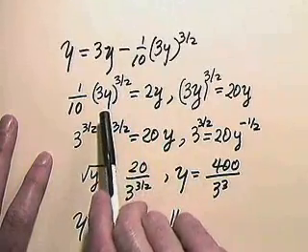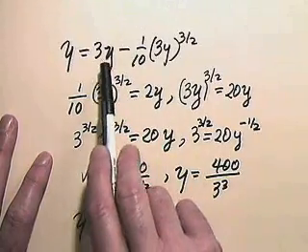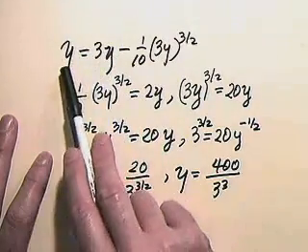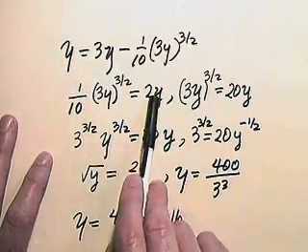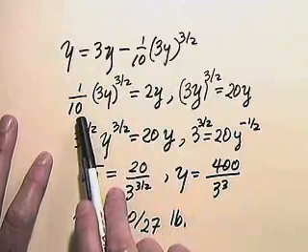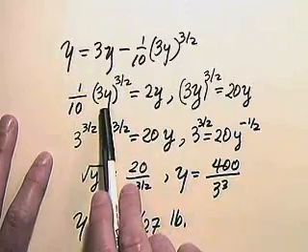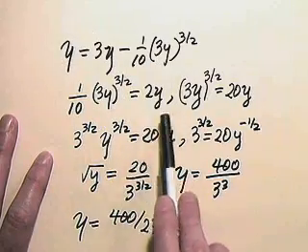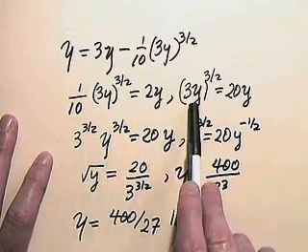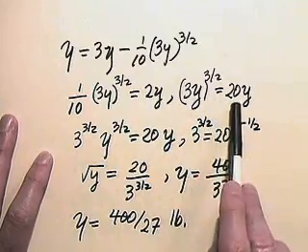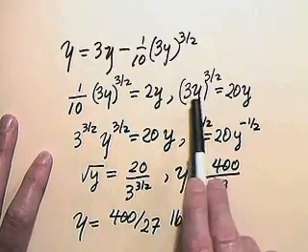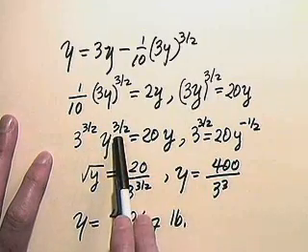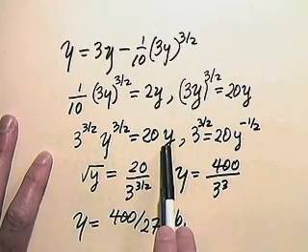Notice that what we can do is begin by rearranging. We cancel y's here. This puts a 2y on the right and move this to the other side, and we get 1/10 (3y) to the 3/2 equals 2y. Well, multiplying through by 10, that gives us (3y) to the 3/2 power is 20y, and (3y) to the 3/2 means 3 to the 3/2 times y to the 3/2, so that's equal to 20y.